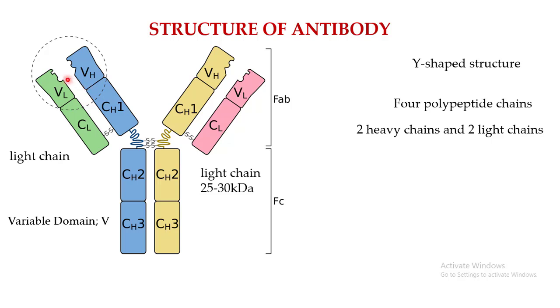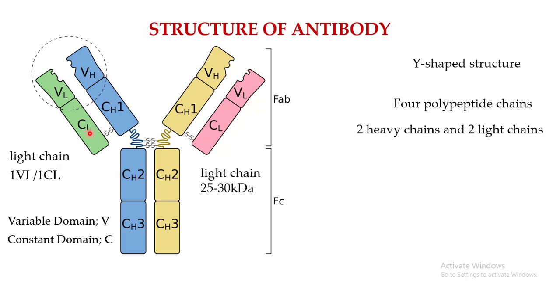One, this V, is the variable domain, and this C is the constant domain. When there is an L with the V, that means it is representing the variable domain of the light chain. When there is an L with a C, that is representing the constant domain of the light chain.